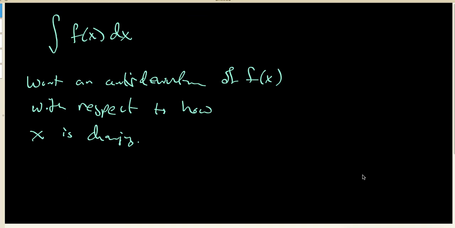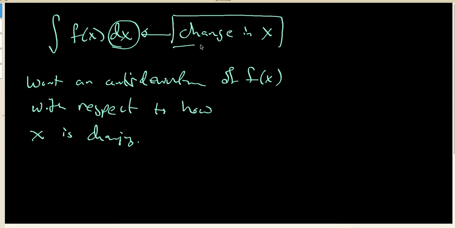This dx in this kind of notation is representing the change in x. And so when we do this u-substitution, we have to take a change in x and convert it to a change in u. In the next video, we're going to formalize this technique that we just looked at.